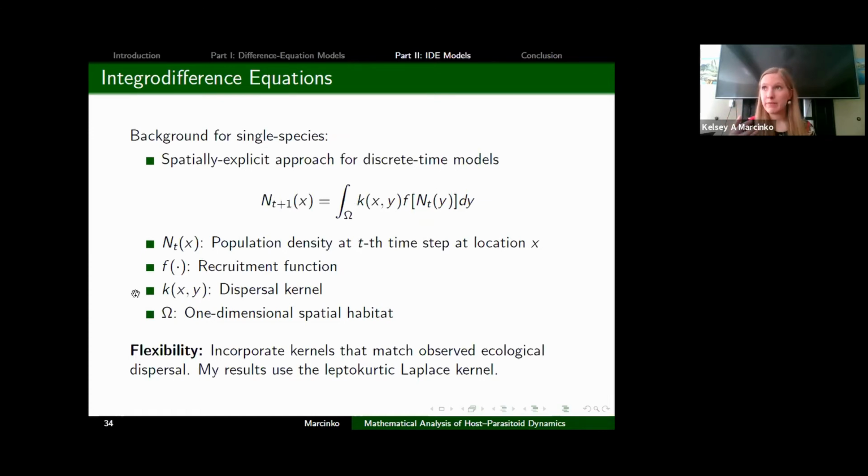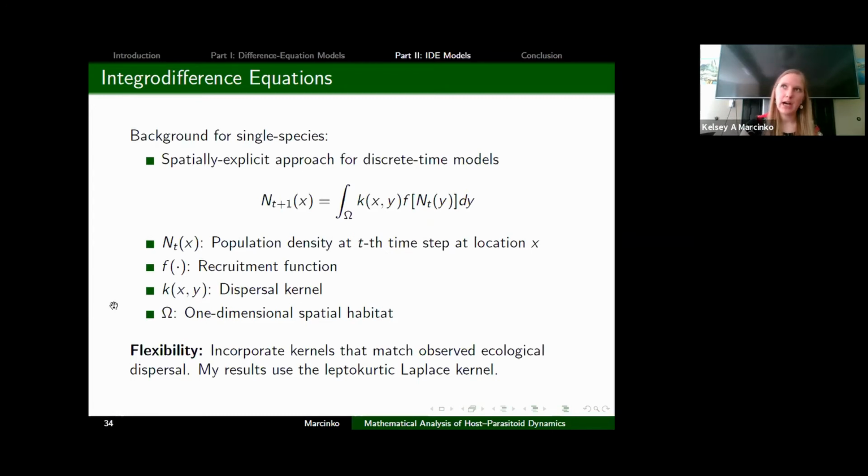One of the primary features of integradifference equations that makes them so interesting and useful is that there's a flexibility in what kernel you use to describe the dispersal of your population. And so you can incorporate a kernel that matches the observed ecological dispersal. For my purposes, I'll be using the Laplace kernel, which is leptokurtic, describing the fatness of the tails.